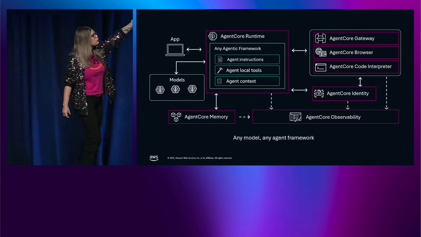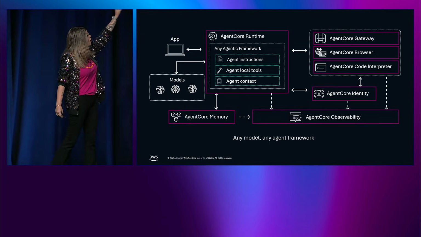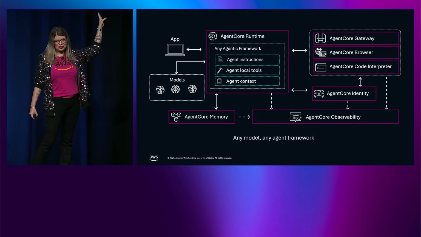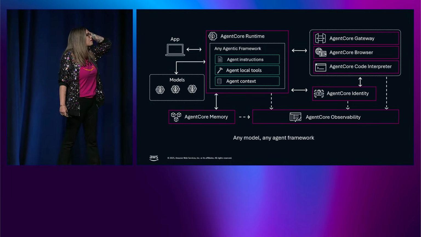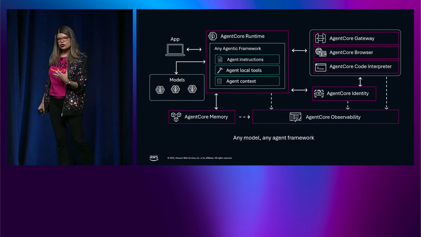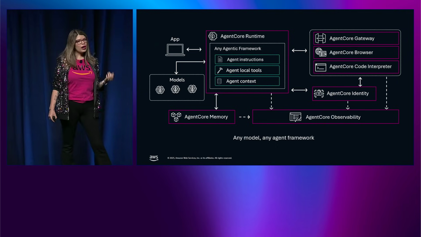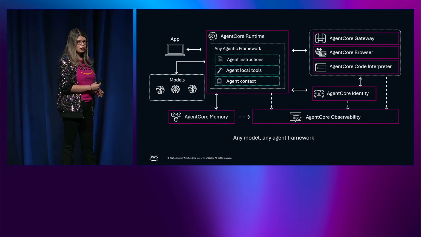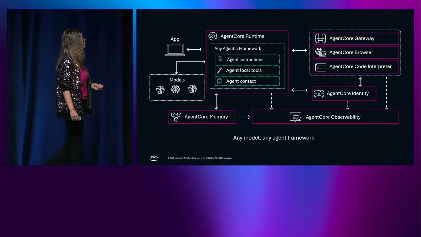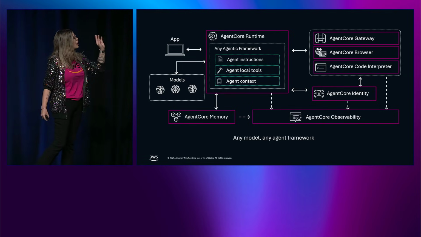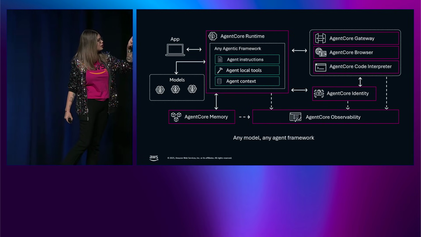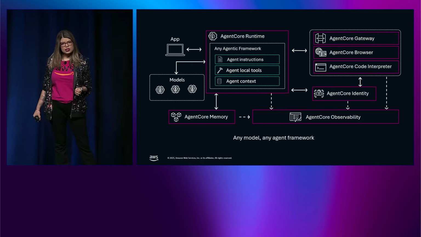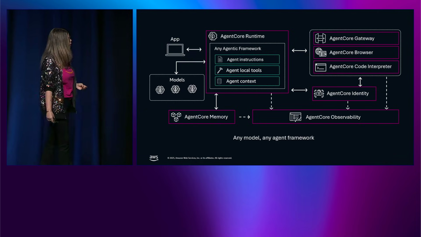We have the execution environment. We also have, of course, the model that we're going to use. We have the gateway to expose the tools. There is also the browser to perform external actions using websites. The code interpreter, which is a little more robust than the other one we talked about.